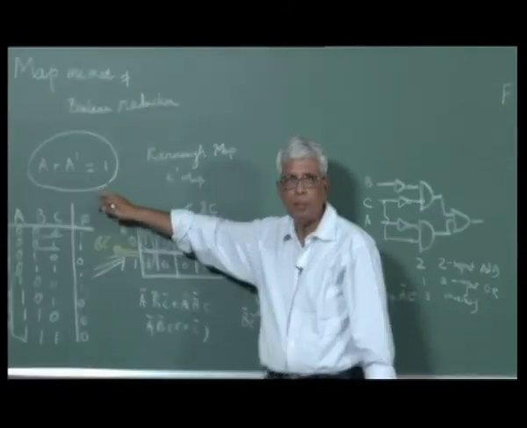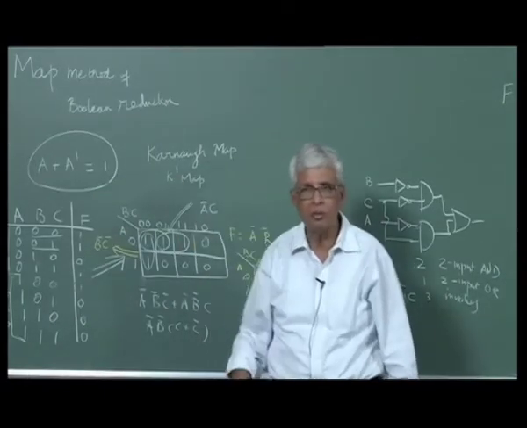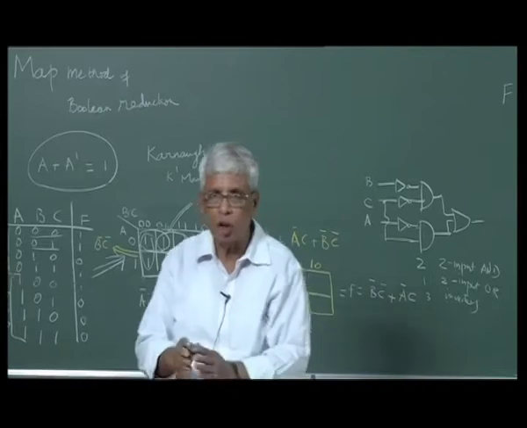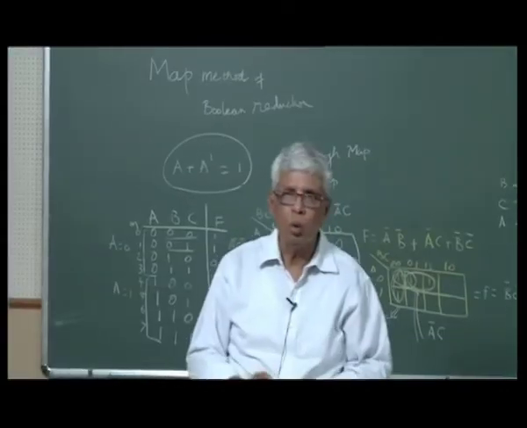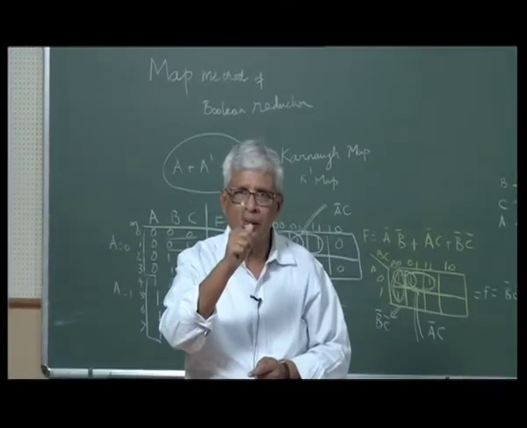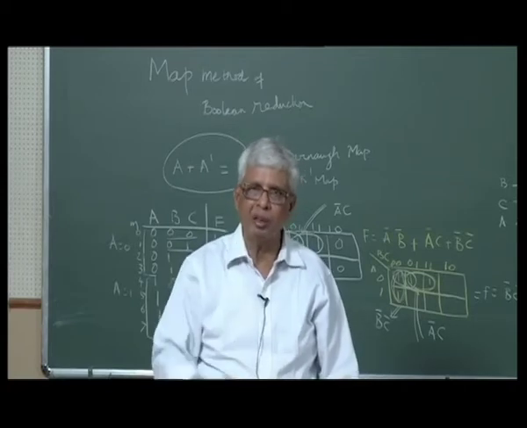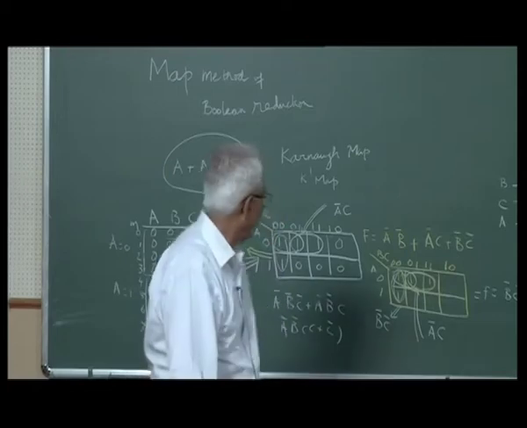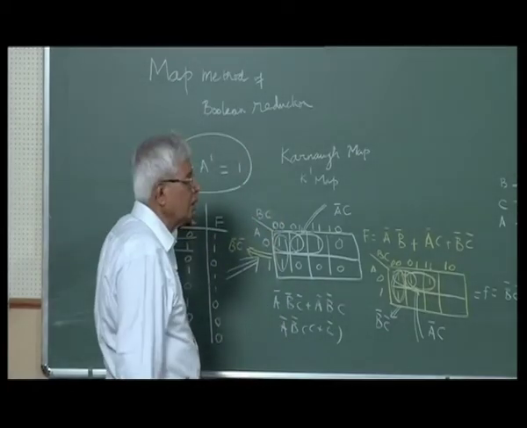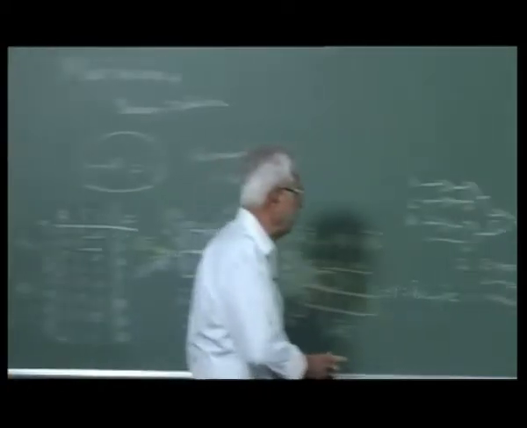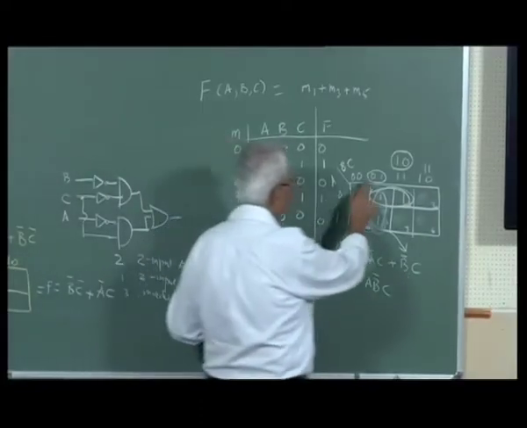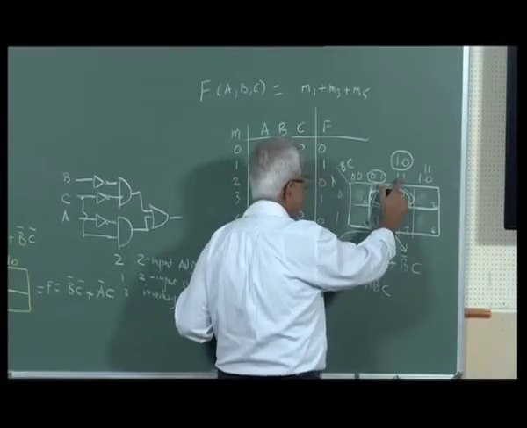I can use the A plus A bar is equal to 1 formula only if I have two terms that differ in only one variable. If two terms differ in more than one variable, I cannot use this. That is the reason I go 0 1 1 1, so that between this and this only one variable changes.